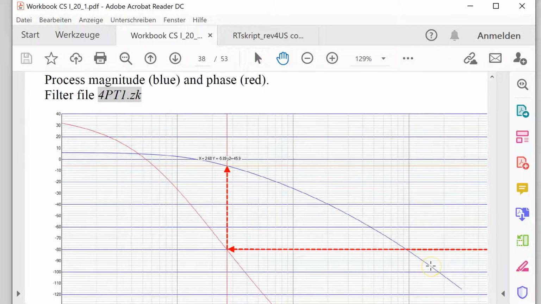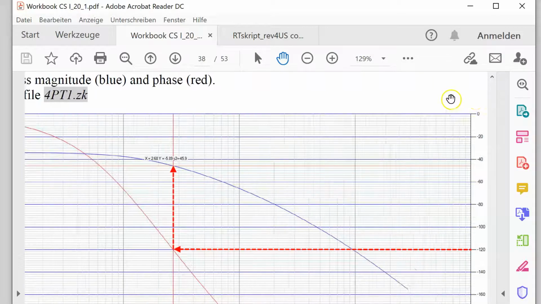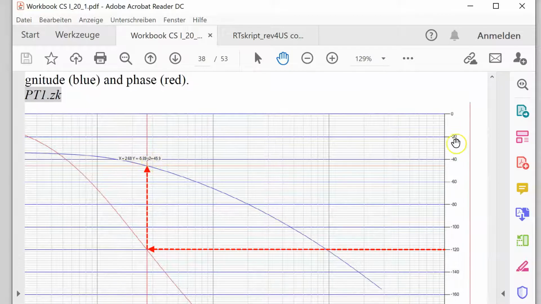The same with the phase. The phase diagram starts here with 0 degrees at the top. You see the phase is all negative. Here you see a grading of minus 40, 60, 80, 100 down to minus 200, and here the curve ends.